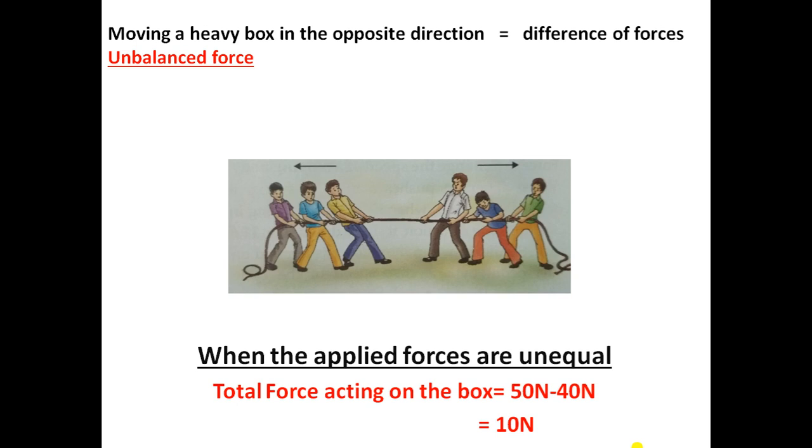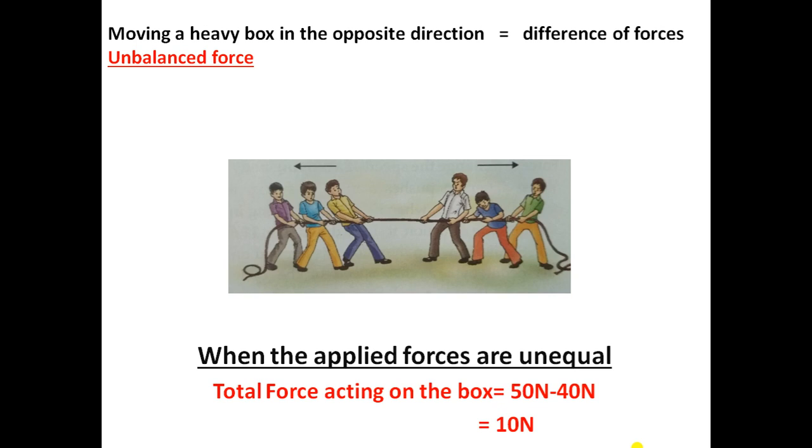Suppose I take an example here. Suppose total force acting on the box, just imagine the box which we saw earlier. Suppose at one side a person is pushing the box with a force of 50 Newton, and on the opposite side the force applied is 40 Newton. That means it is not the same, it is unequal forces.